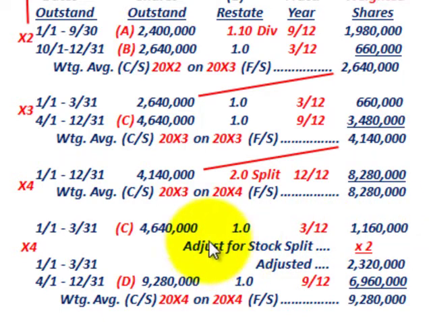But then we have to adjust that for the stock split: twice that number, times the 2-for-1 stock split. The adjusted amount for the first 3 months is 2,320,000 shares, the weighted shares outstanding. So we've made our adjustments, and that was for the 1/1 through 3/31 time period.